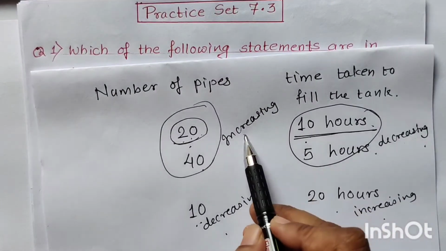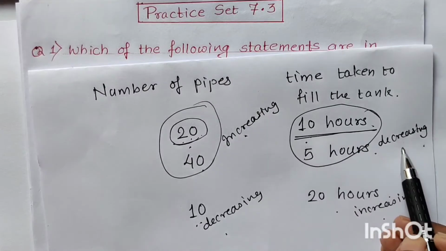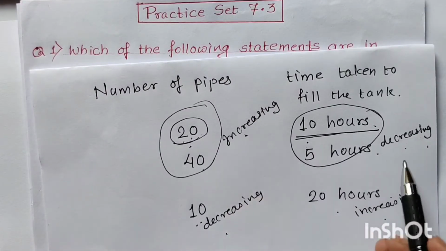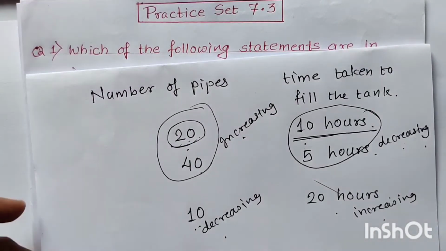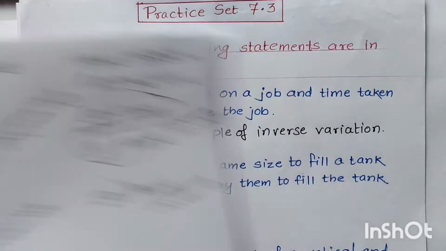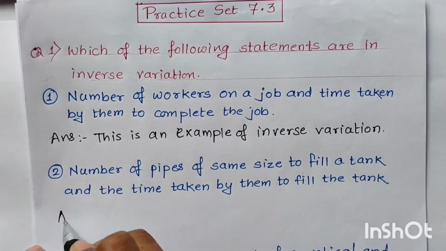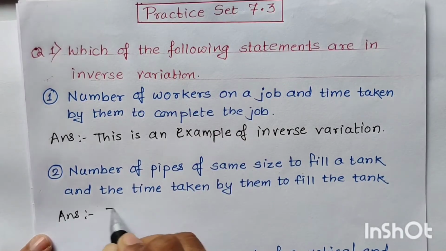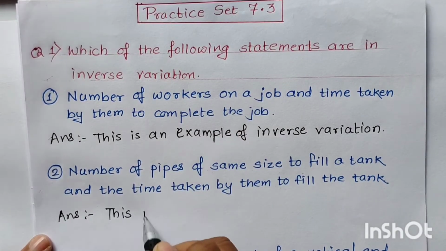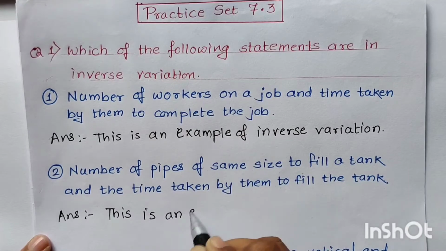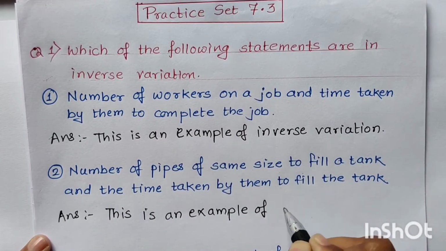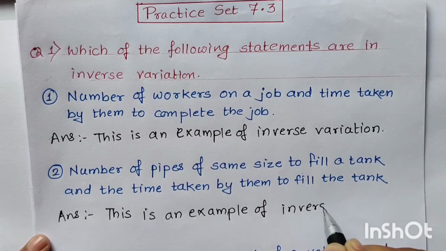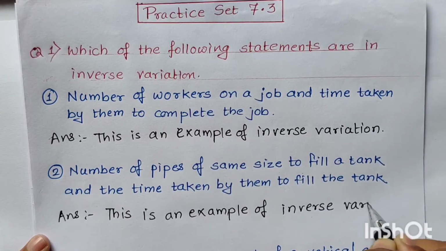When one number is increasing, the second number is decreasing. So when opposite is going on, that means it is also an example of inverse variation. So we are going to write the answer. This is an example of inverse variation.